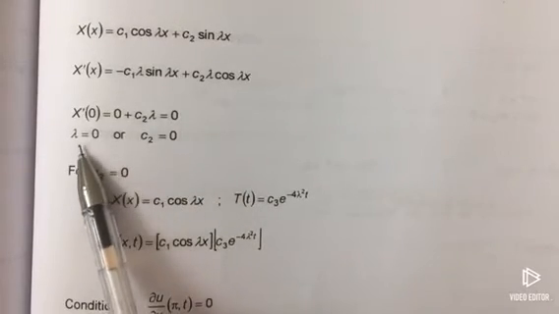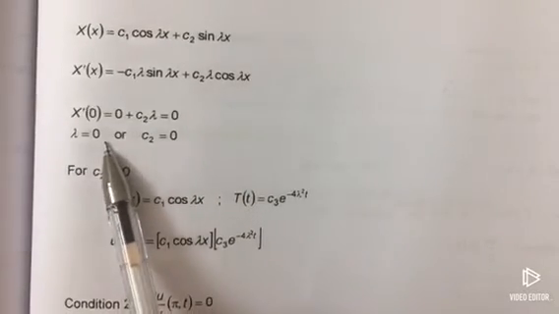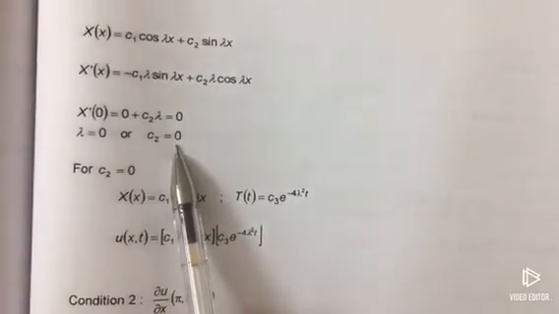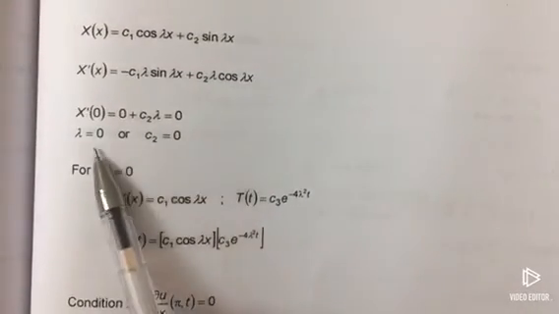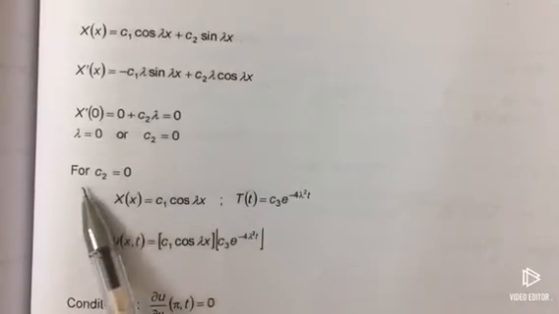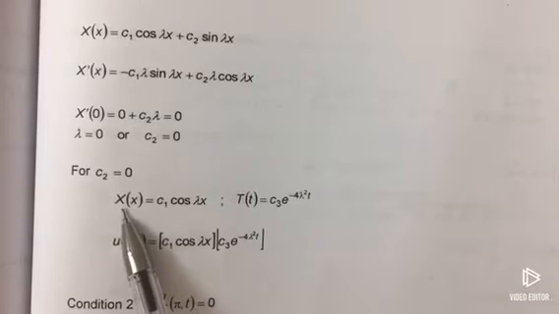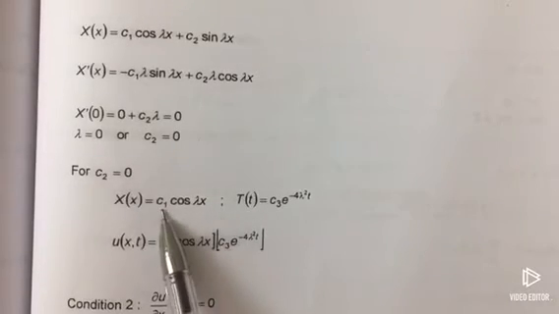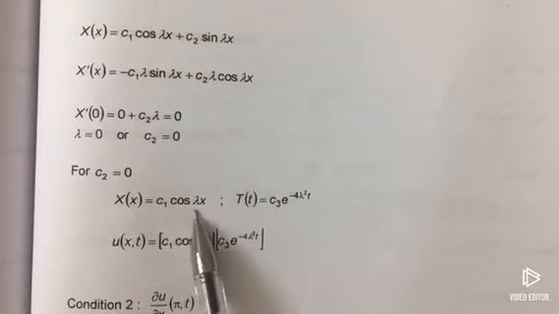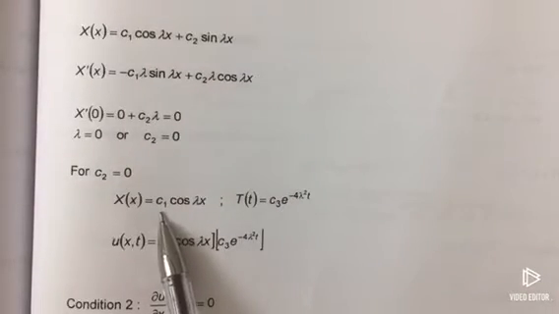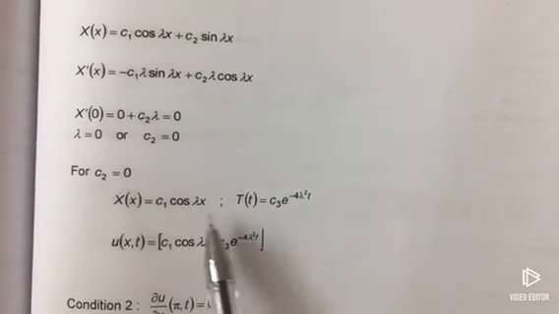Now C2 lambda equals 0, so we get two values: lambda equals 0 or C2 equals 0. We need to consider these two values. For C2 equal to 0, substituting C2 by 0, we only get X(x) equals C1 cos(lambda x).